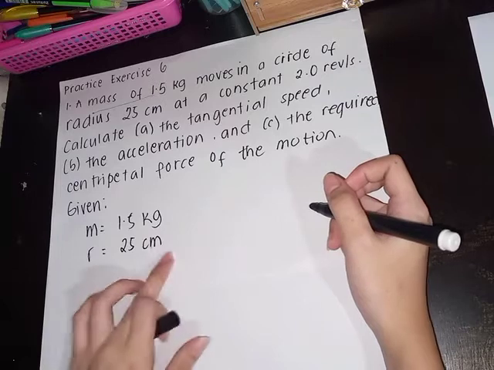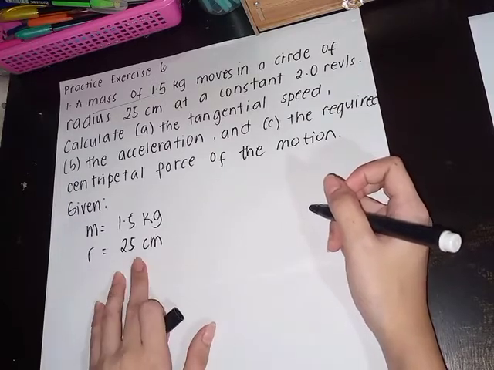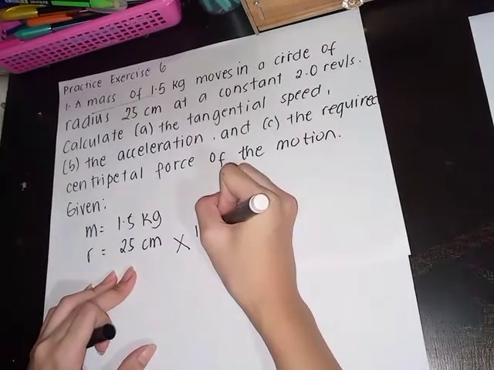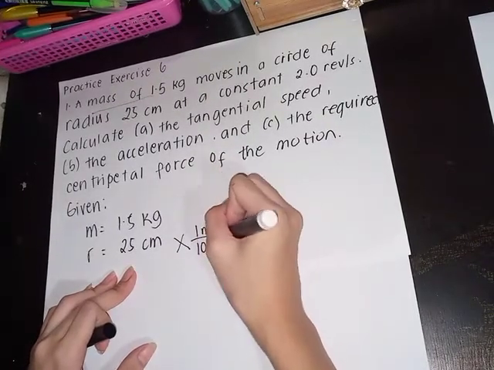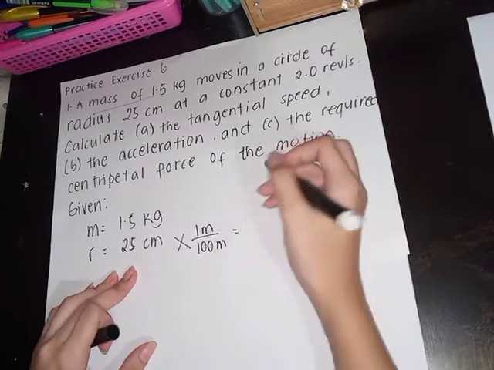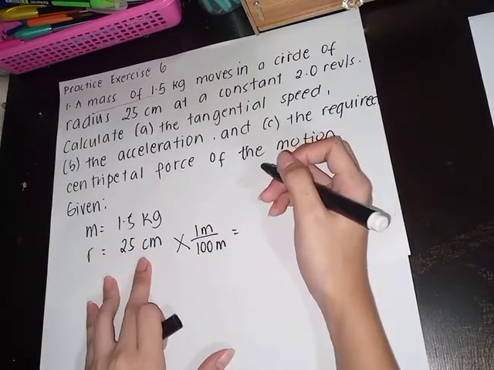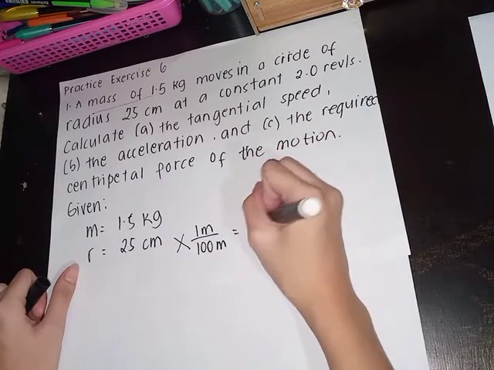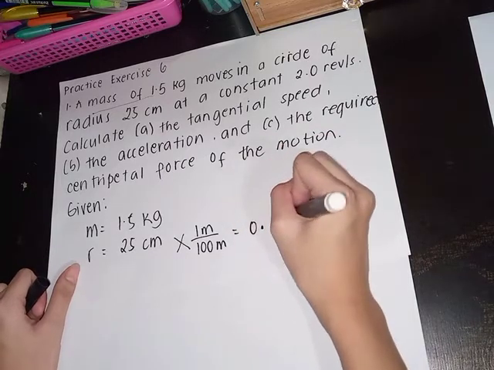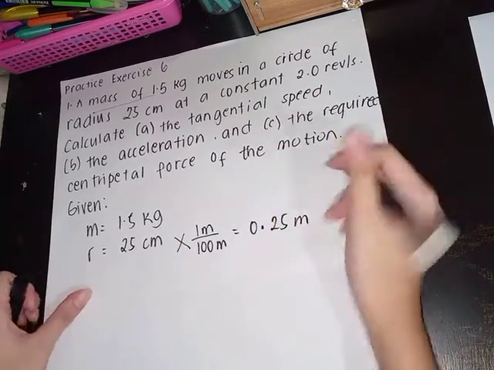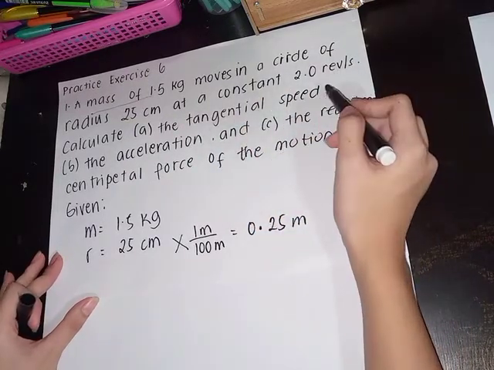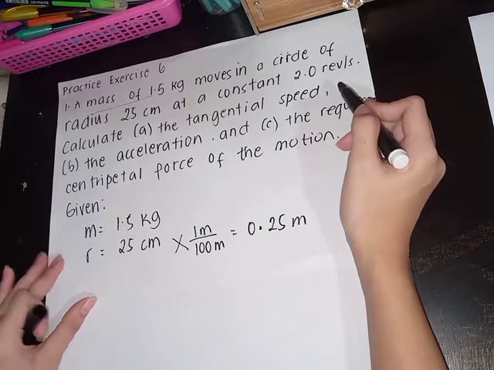So we have to convert this centimeter into meter. So we have 1 meter over 100 centimeter to convert this centimeter into meter. So 25 times 1 over 100 is 0.25 meter. And we also have a constant 2.0 revolution per second.